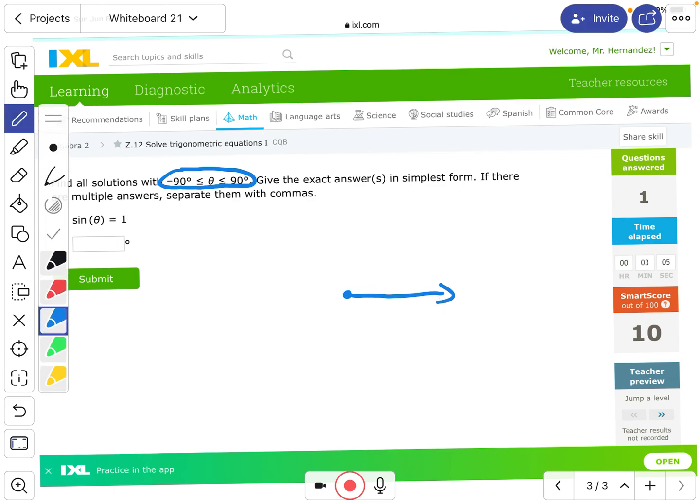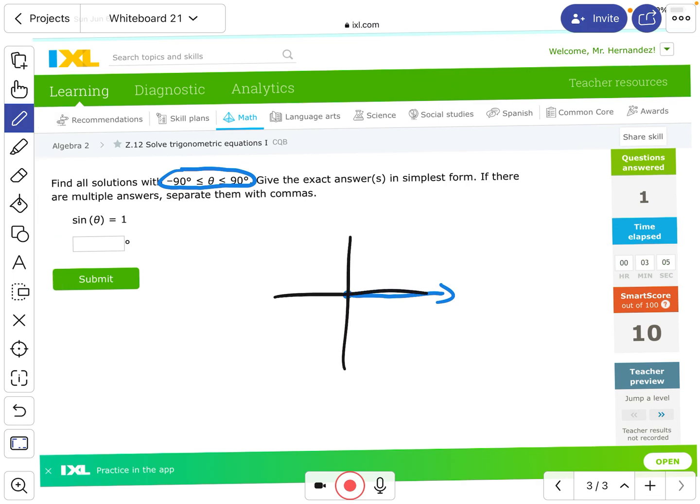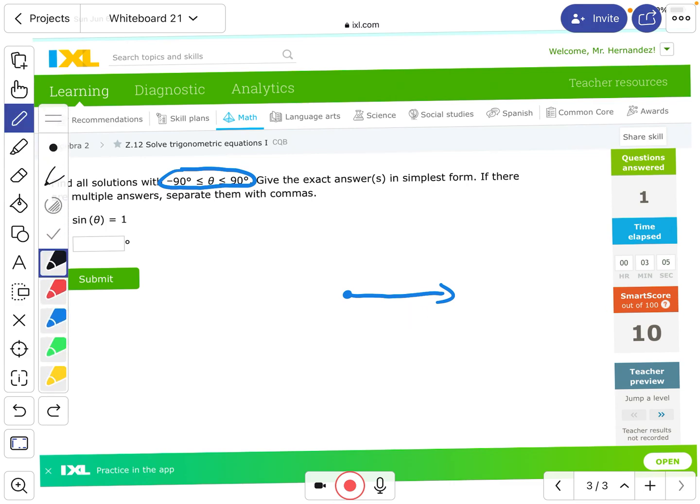If you're looking at it as the x and y axis, the initial ray on an angle in standard position is the positive x-axis. And anytime you're opening up counterclockwise, that's going to be a positive value.